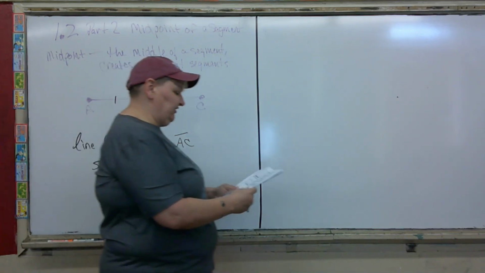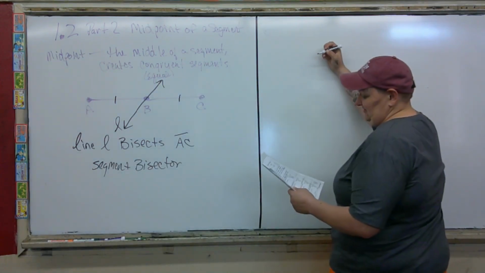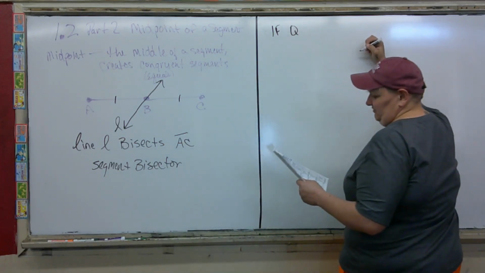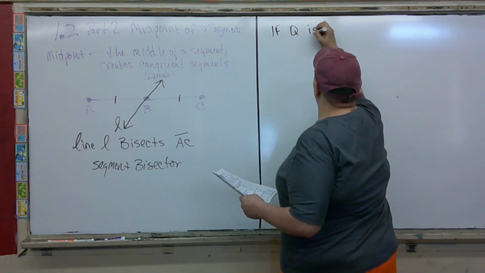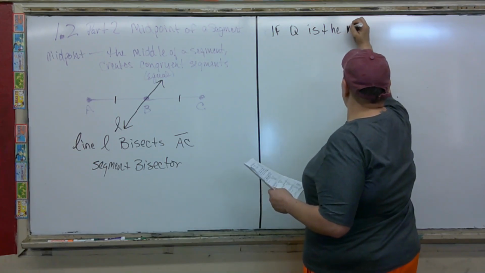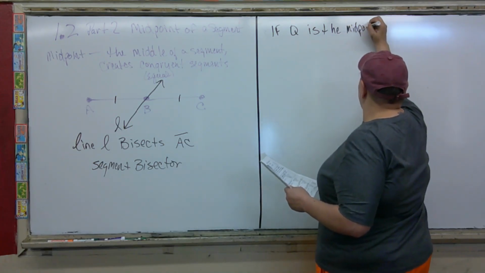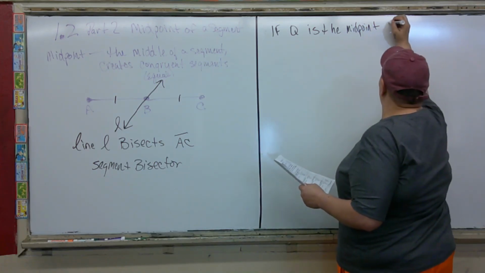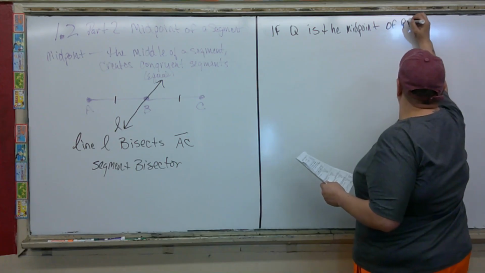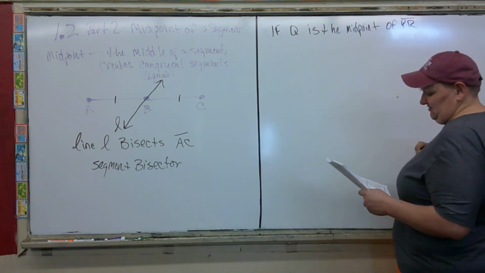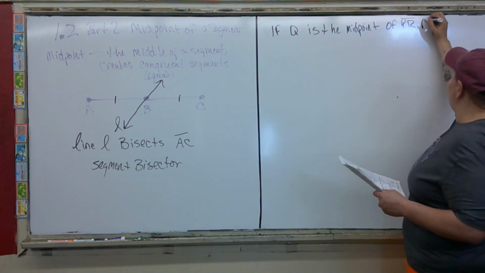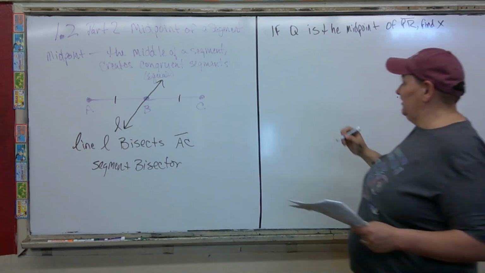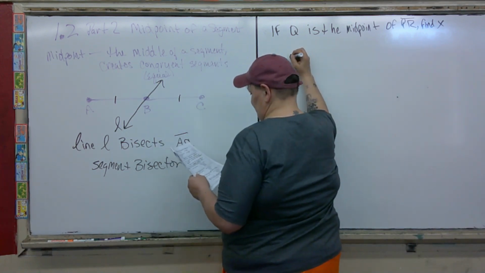Alright? So if Q is the midpoint, it's telling you it's the midpoint. This is the information you are given of PR segment. Then it wants you to find X. Alright? And it gives you the information.